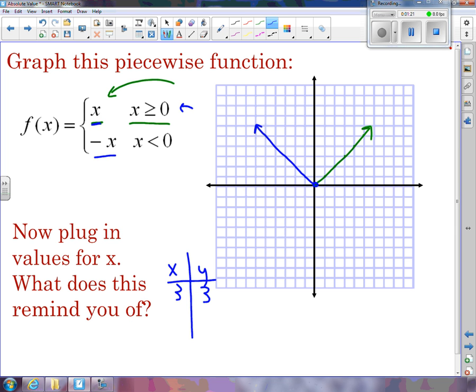If I plug in -3, then I get this portion of the graph because the x is less than 0. So I just change the sign of my x value and multiply it by a negative. So negative times -3 is just +3. If you look, these points are on the graph: 3, 3, and -3, 3. So hopefully this reminds you of the absolute value graph.